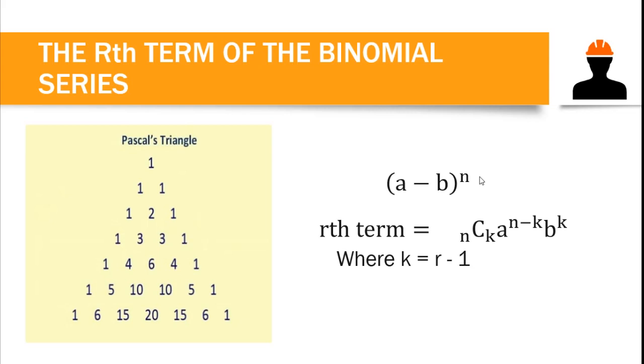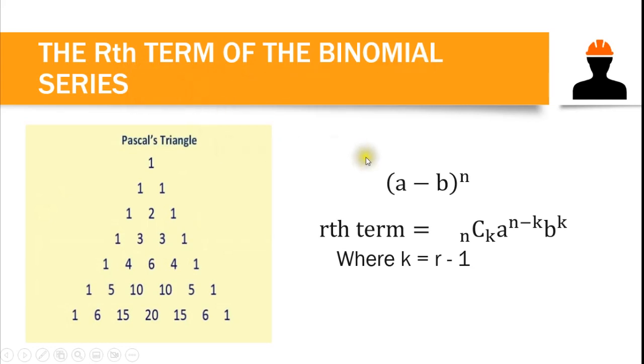But it would be very difficult to simplify the binomial if the value of n is 3 or above. So we can use either Pascal's triangle, if you can remember it from your algebra, or we can directly use this formula. That is how we can determine the r-th term of a binomial series easily.